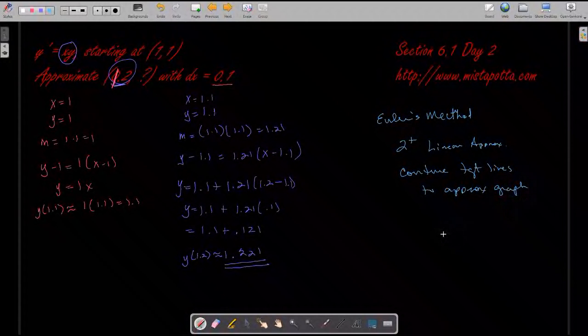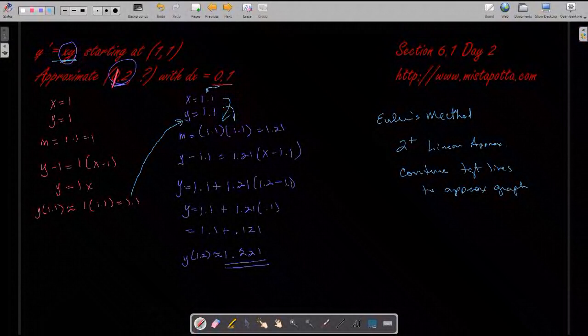And what we're going to be doing is we're going to be using the previous x and y to determine a new x and y. And we're going to be using the same slope formula that we've been dealing with and these x and y coordinates to come up with a new slope. This gives us our second tangent line.